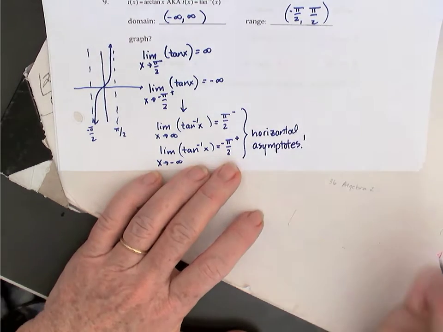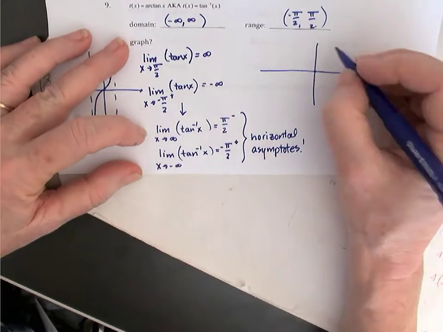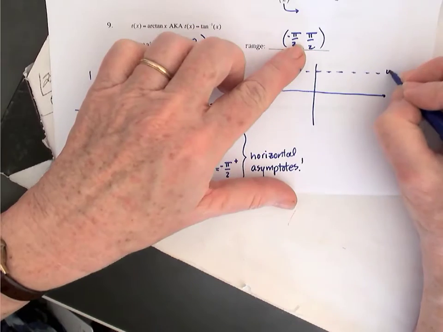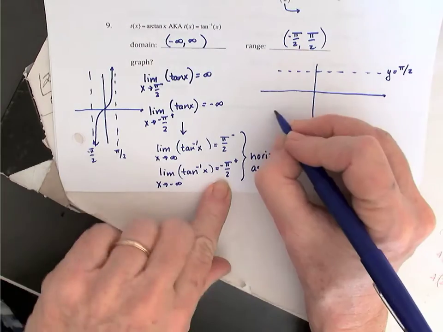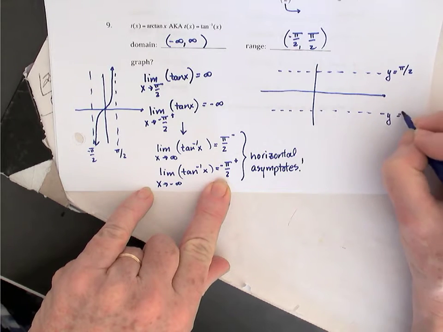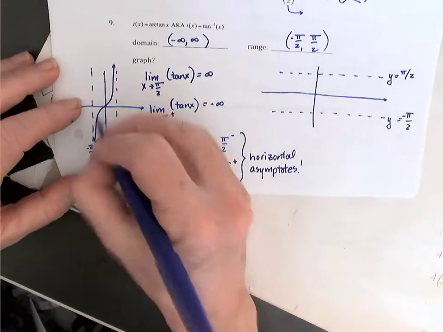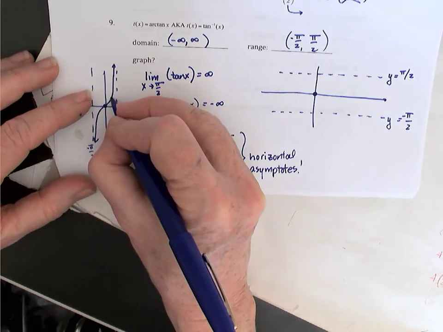Horizontal asymptotes. So if I go to graph inverse tangent, I know I'm going to have a horizontal asymptote at y equals pi over 2, and I'm going to have a horizontal asymptote at y equals negative pi over 2. I still know I have a few ordered pairs: 0, 0; this is the ordered pair pi over 2, 1.